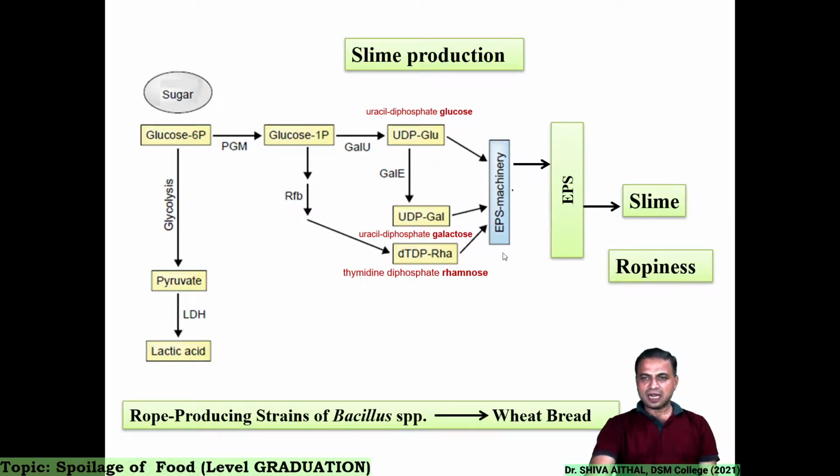All these are exopolysaccharides. Exopolysaccharide makes the food sticky, slimy, like soap. That is the sliminess, and slime production is not desirable because most of the bacteria like Leuconostoc and Pseudomonas are responsible for slime. Slime is a bacterial product, so definitely not desirable, and this results in ropiness also. Ropiness of the milk is very common.